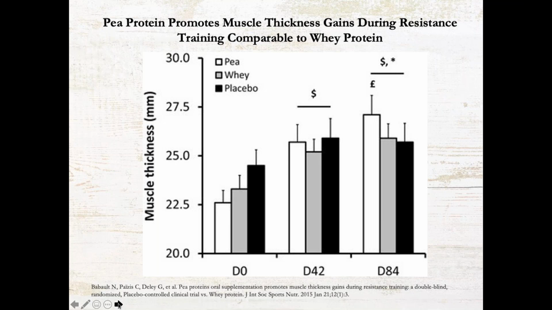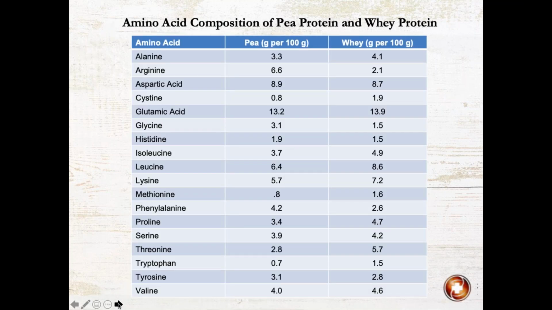Hydrolyzed pea protein to whey protein was as effective in promoting the kind of lean body mass gains that were the target endpoint. And I think what's most surprising about that is if you look at pea protein in comparison to whey protein on an individual amino acid basis, and especially when you focus on the essential amino acids such as lysine, those branch chain amino acids, which are leucine, isoleucine, valine.